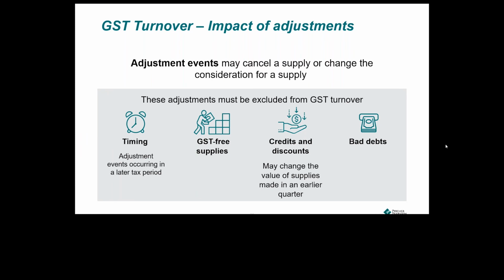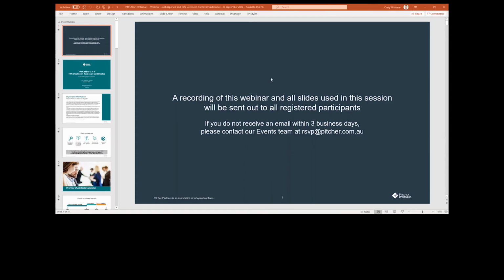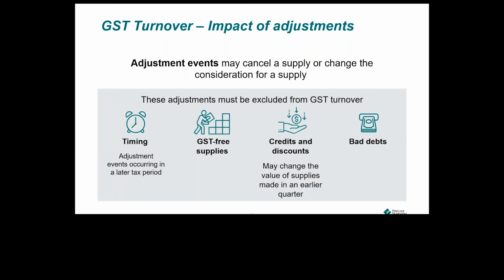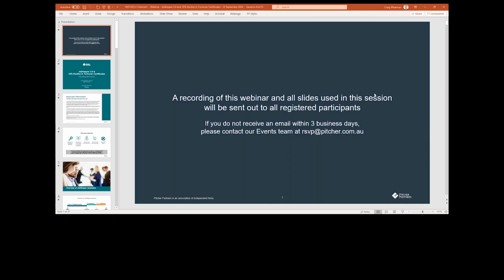So even though you've correctly included that adjustment note in your BAS and reported it in your BAS for the quarter ended 30 September, for the purposes of calculating your JobKeeper 2.0 decline in turnover and or your 10% certificate, you will need to reverse that adjustment out of your BAS.